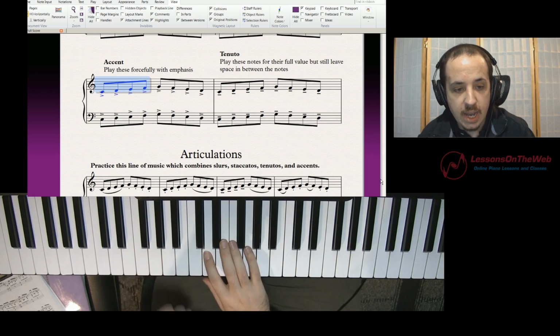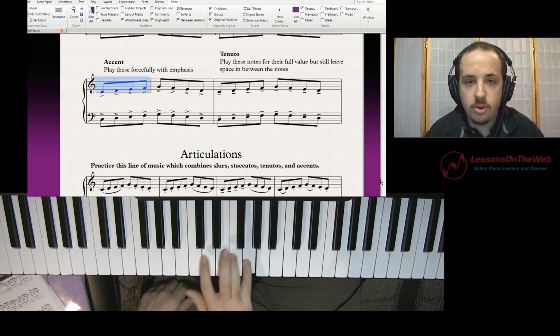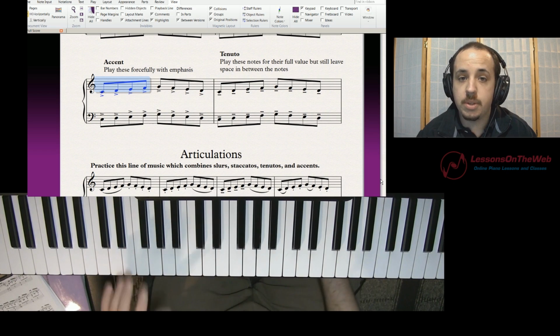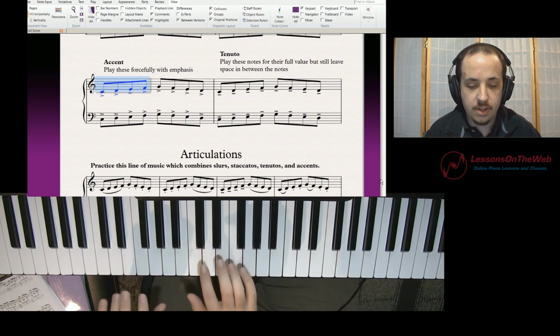But if you just have the accent, play the note pretty much for its full value, but you want to hit it more forcefully. Same with the left hand. And then together.